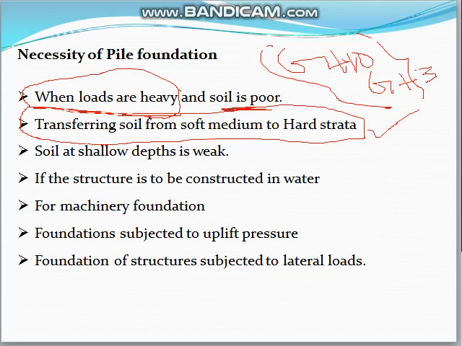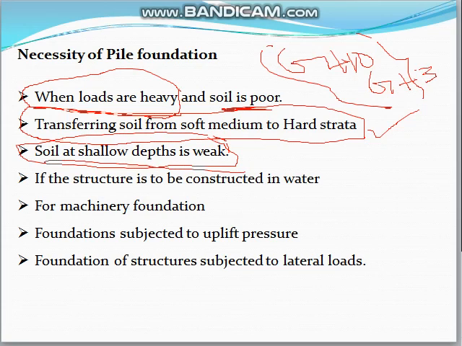Then another condition for the necessity of pile foundation is when the soil at a shallow depth is weak. I told you that generally gravelly soil will have the hard strata. When you have clay soil and sandy soil at shallow depth, it is very weak to bear the heavy loads.